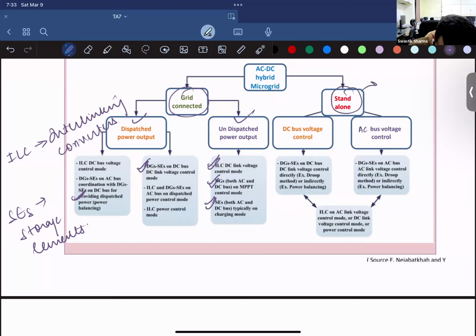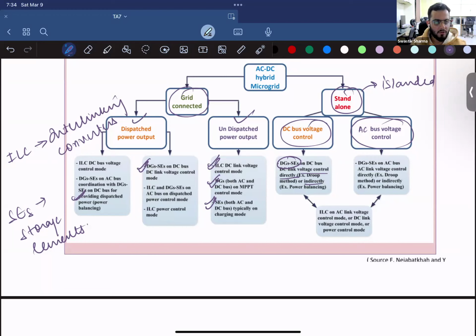Now, in standalone mode of operation, which is also called islanded mode of operation, there are two kinds of control. One is DC bus voltage control, and the other is AC bus voltage control. In DC bus voltage control, your DGs and storage elements on the DC bus are controlled using voltage control, either directly or indirectly. Directly means you are employing group control. Indirectly means you are just controlling the power balance.